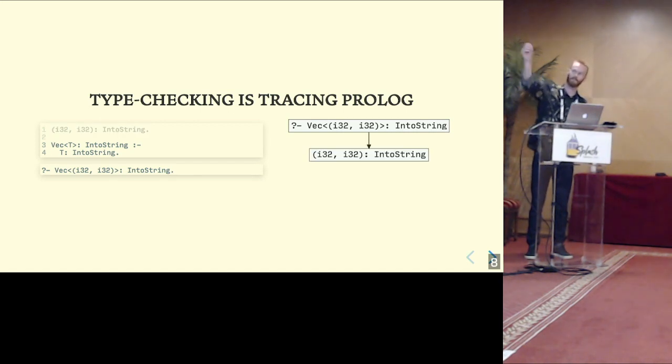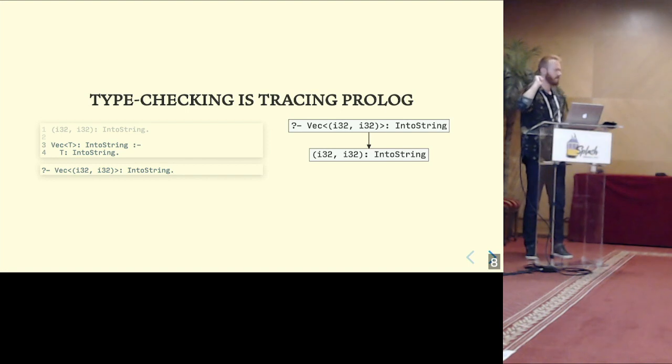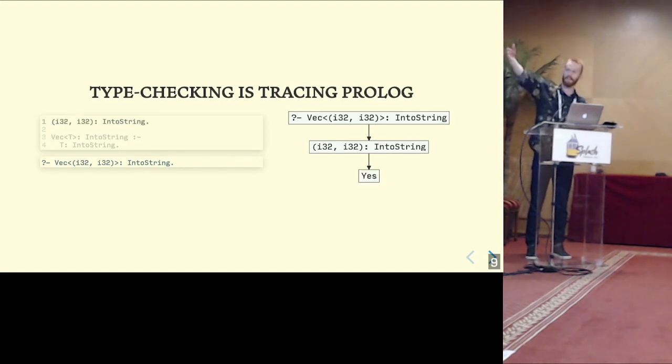Then we come across the rule that says, well, yes, if the elements of that vector implement into string. So the type checker will sort of unify that variable t with our tuple of integers, and this condition is now pushed onto our search tree. We then later come to this fact in our database that a tuple of integers does indeed implement into string, and therefore the answer is yes, this is a well-formed and well-typed expression.